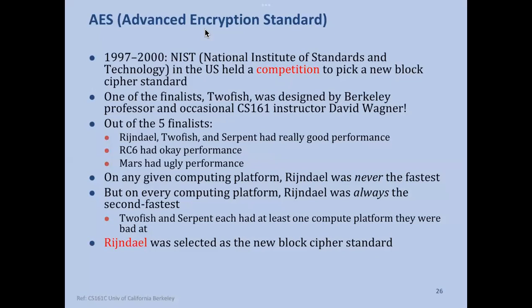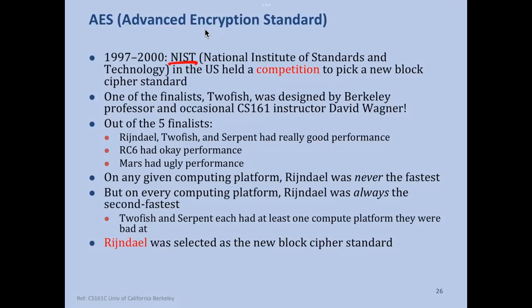This came out as a result of a competition that was done by NIST. It was an open competition. All were allowed to propose algorithms, and a few algorithms came to the final round.